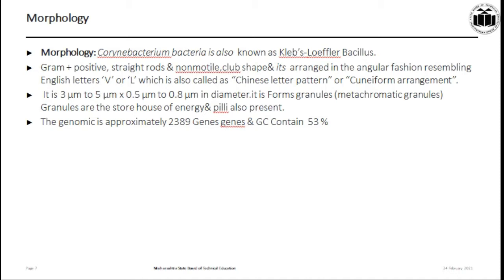When we say English letters, a capital V or capital L like structure is seen for Corynebacteria.